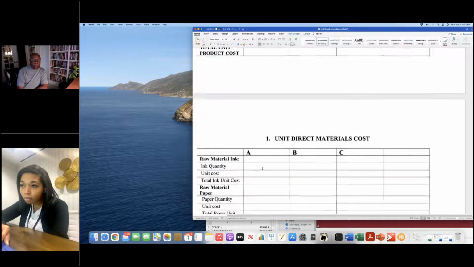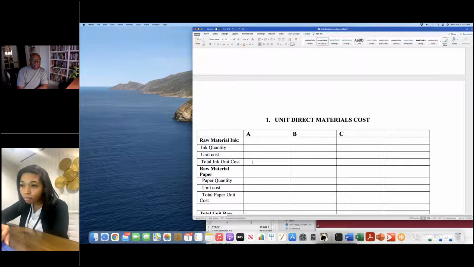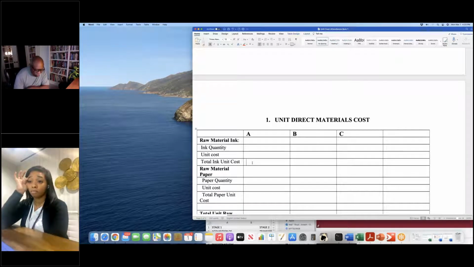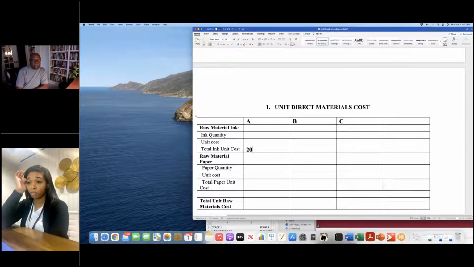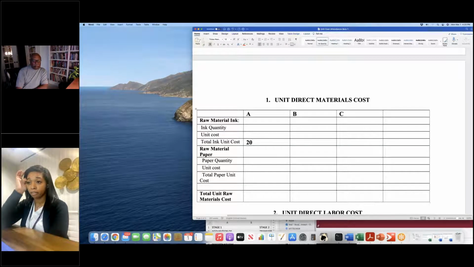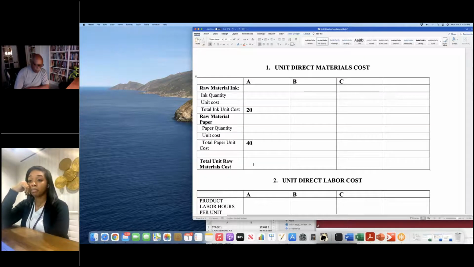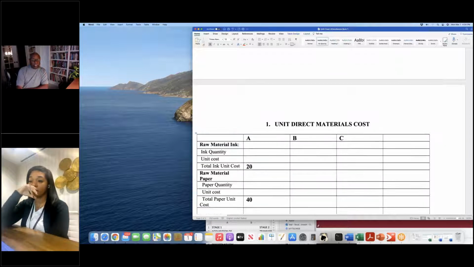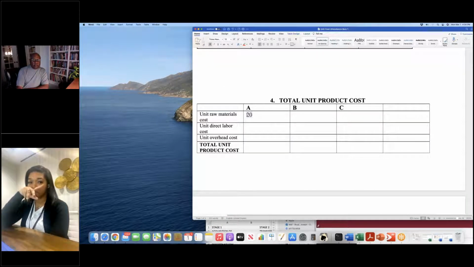So the ink was 20, and the paper was 40. What was your total cost? 60. So we need a 60 in here.